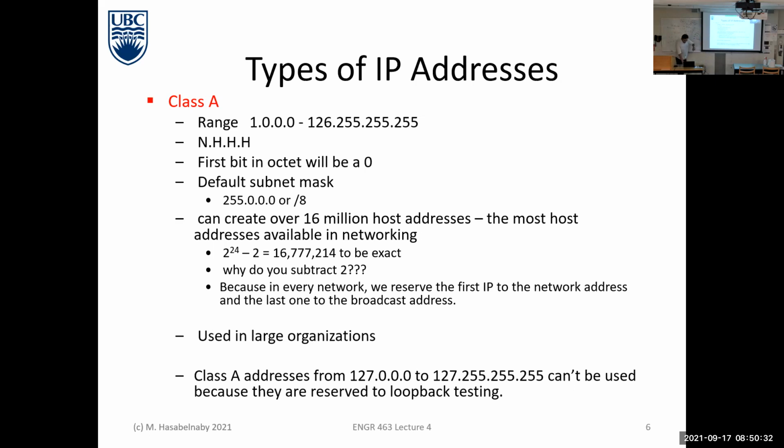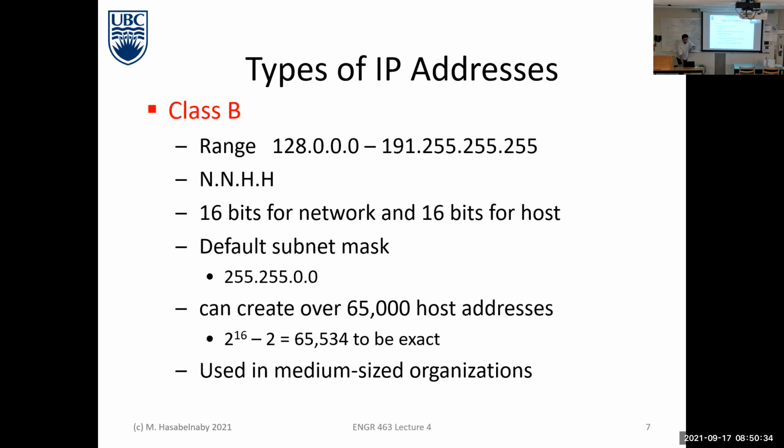Okay, now the same thing for class B. In class B we reserve the first 2 octets for the network part and the third and the fourth for the host part. So here we have 16 bits reserved for the host.